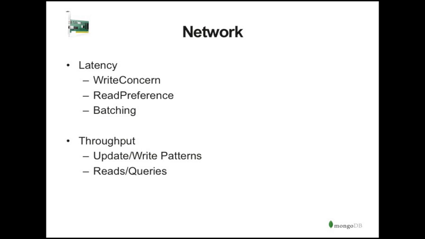Network. We live in a distributed computational environment, and this basically means that we have a lot of different resources allocated in different machines, different data centers, spread across different regional areas. So network is essentially a very important resource that we need to understand. Network latency affects the write concern that we are using, the read preferences that we might be using from MongoDB, and obviously the bulk and batching and loading processes.